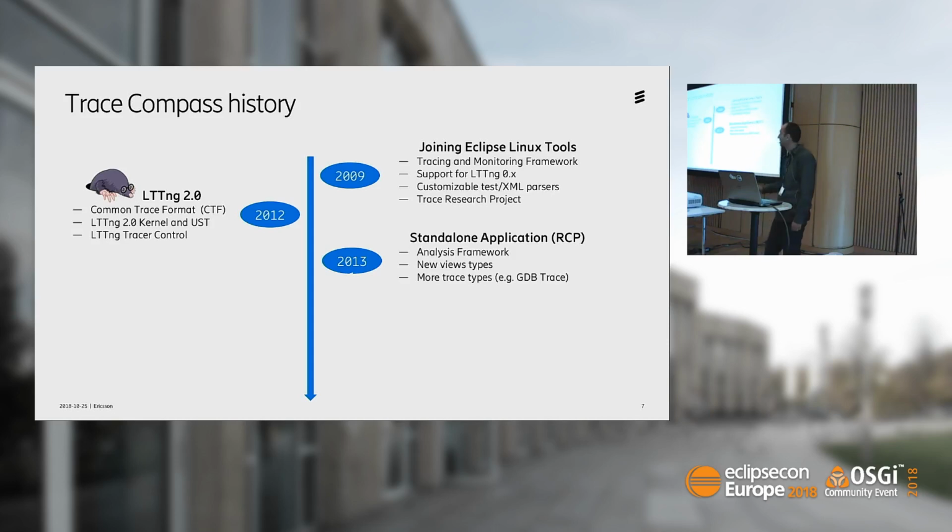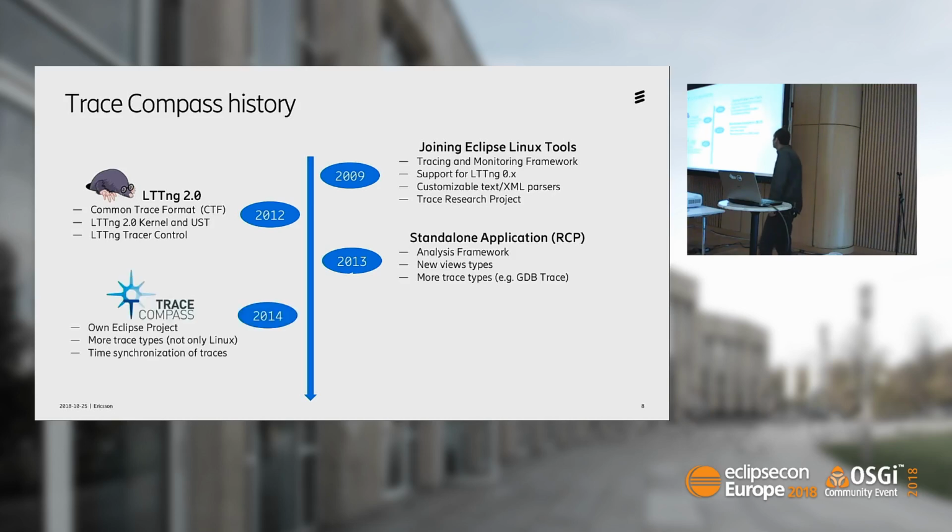So we created a standalone application, which was available at that time. And at that time, we also added an analysis framework, so you could add your own analysis based on traces to it. There's an extension point that is provided. And we added a few new trace types to the product.